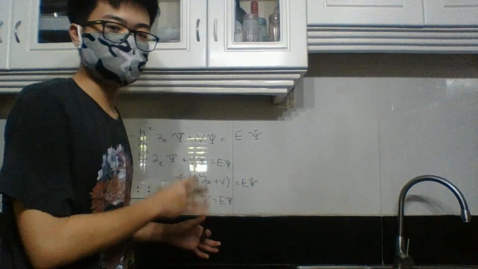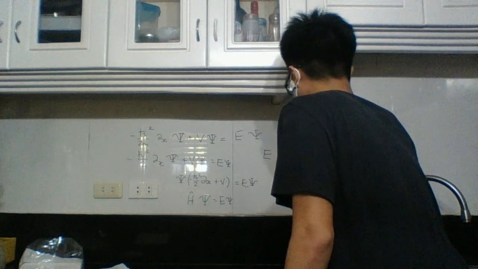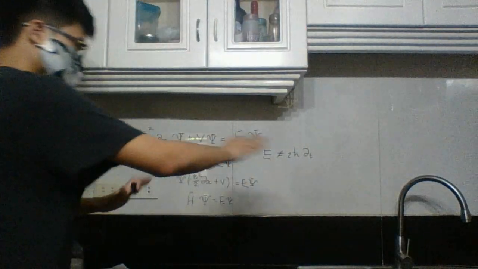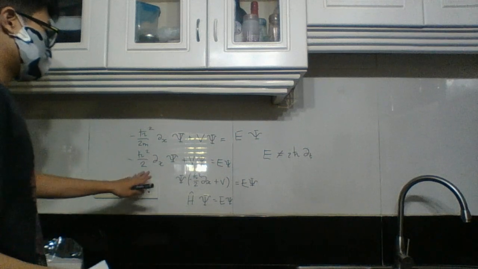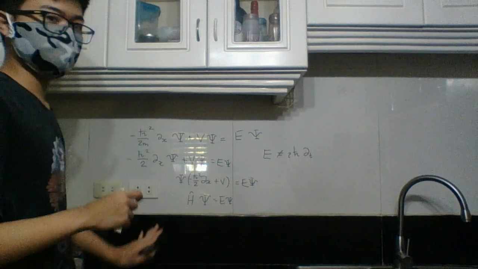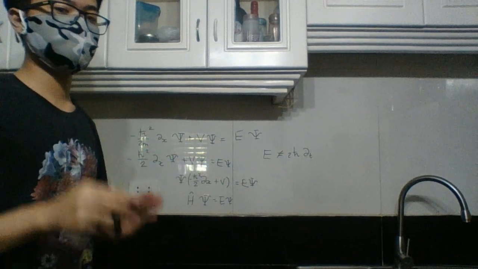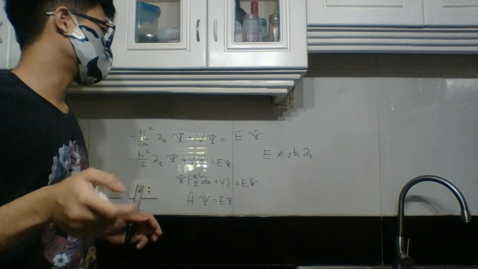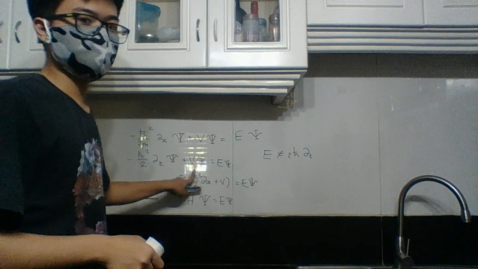Okay, and in this case, because we're treating my friend not as light quanta, E is not equal to i h bar times the time derivative. E is some other constant we're going to determine later. Another thing in this state is that the force term, the V term here, is 0.